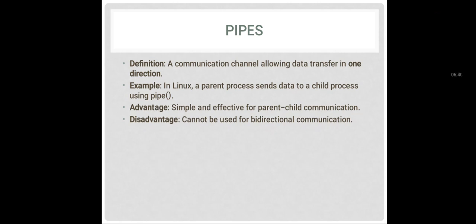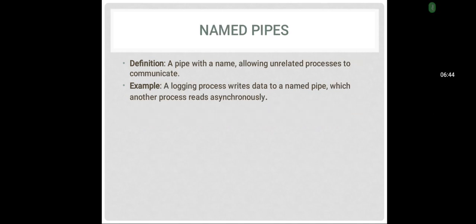Disadvantages: cannot be used for bidirectional communication. Next, named pipes. A pipe with a name, allowing unrelated processes to communicate. For example, a logging process writes data to a named pipe, which another process reads asynchronously.